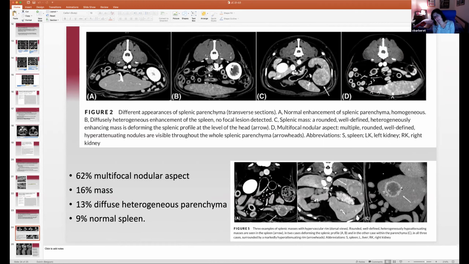So basically the conclusion is probably what we all write in our report: benign versus malignant, and we cannot say for sure. I guess it's always nice to have all those different examples to refer to, and when you see a splenic mass, to have a look and see what your mass looks more like, which of those examples.